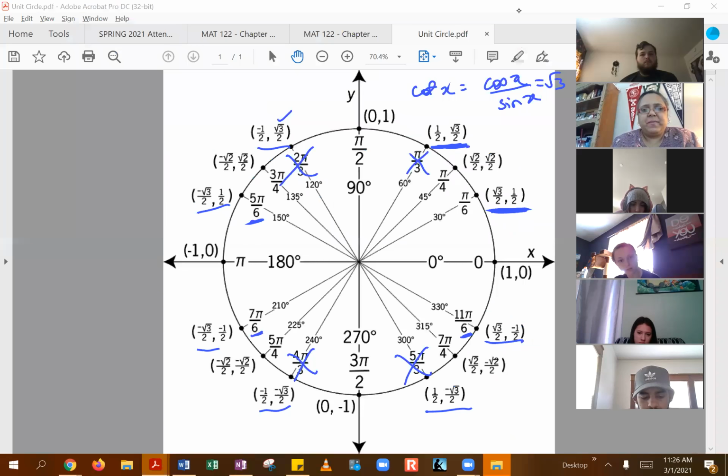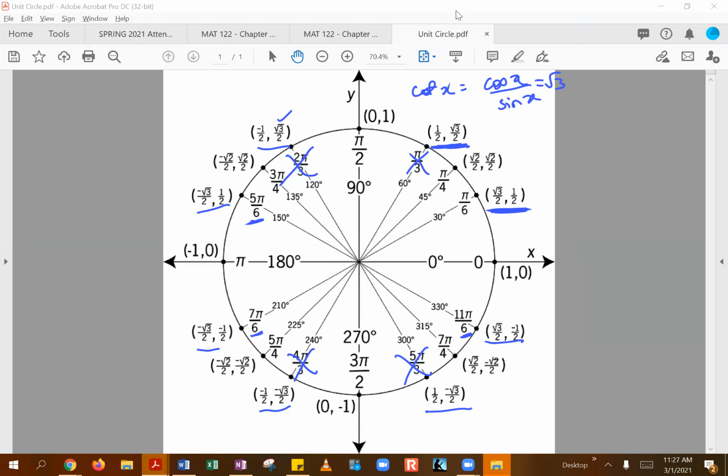Out of those 3 remaining angles, 7 pi over 6, which is this one, works, and the reason is that both my numbers are negative over here. Since both of them are negative, when I do my division, negative divided by negative becomes positive. So this angle, 7 pi over 6, will work.